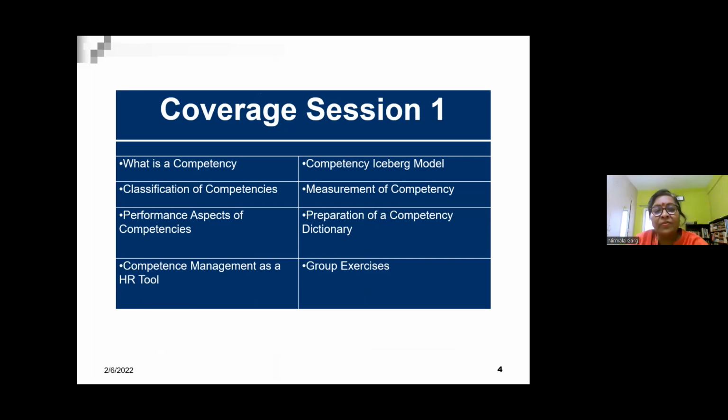Then we'll talk about the famous Iceberg model of competency, how we can relate with it, then the classification of competencies and how we measure them, and then what a competency dictionary is and how you go about making one, and also how you integrate these competencies into your HR function. So what are the uses or the relevance, and how do you use it as an HR tool?